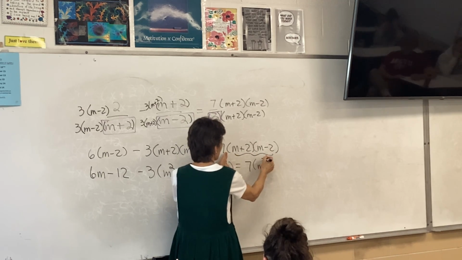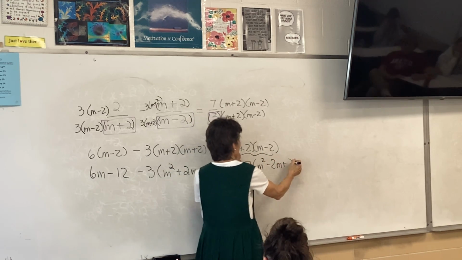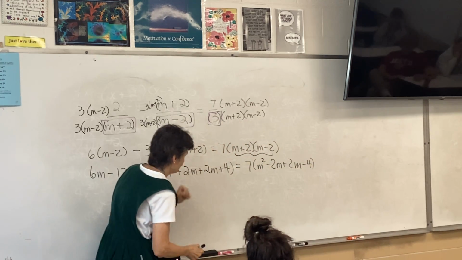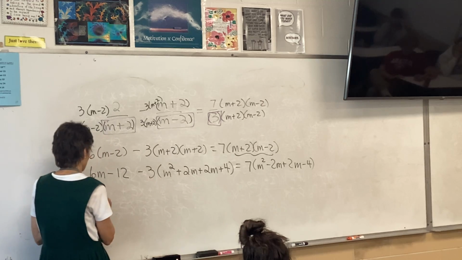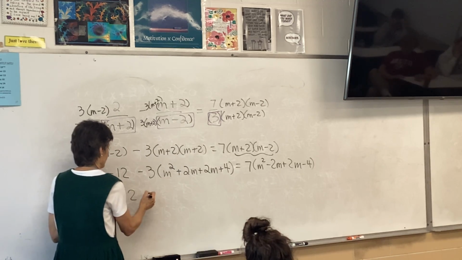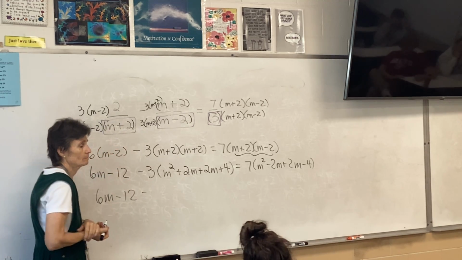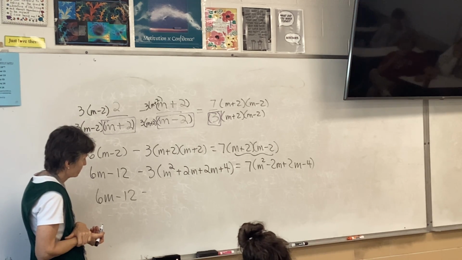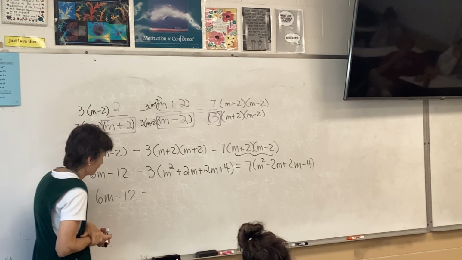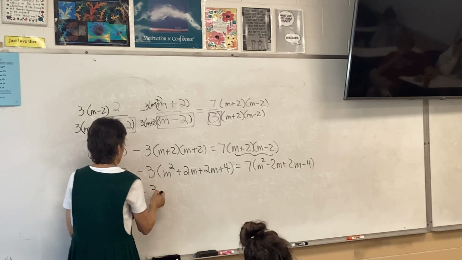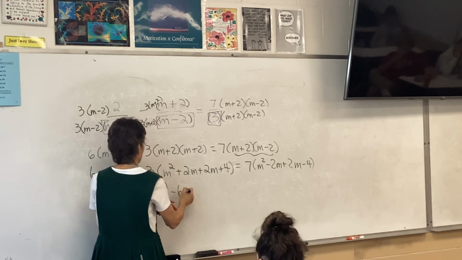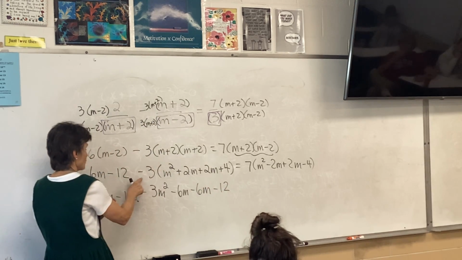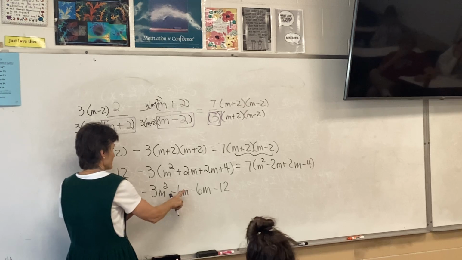So that'll be m squared minus 2m plus 2m minus 4. Remember, when you distribute a -3, all the signs change.